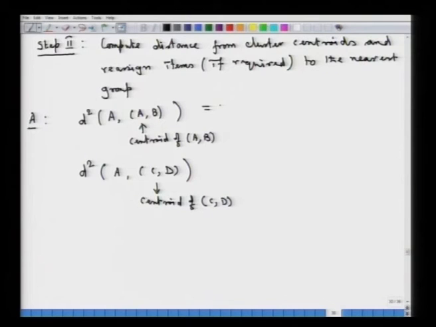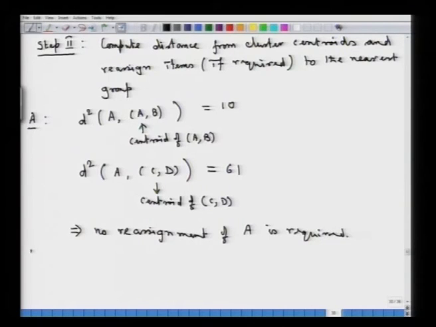Now, it is easy to see what these quantities are. It turns out that this is equal to 10, this is the Euclidean distance square, and this distance is 61. So, A is closer to its own initial cluster than to the other cluster. So, this would imply no reassignment of A is required, right.